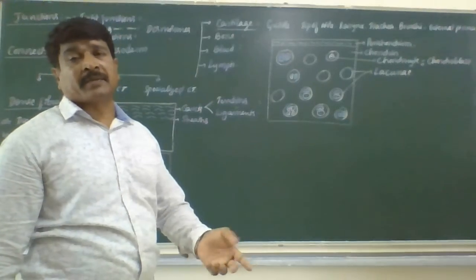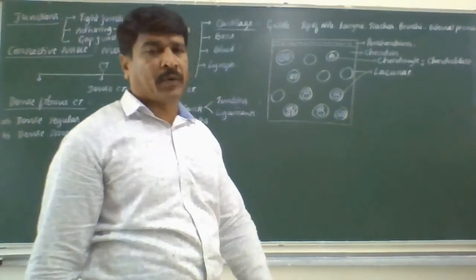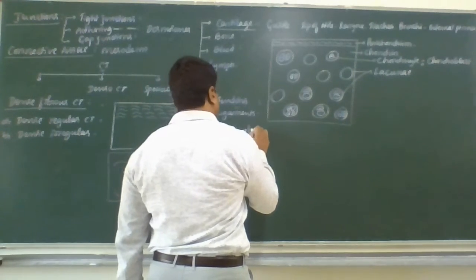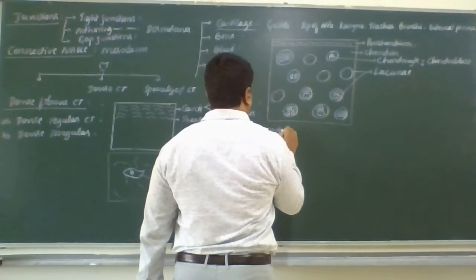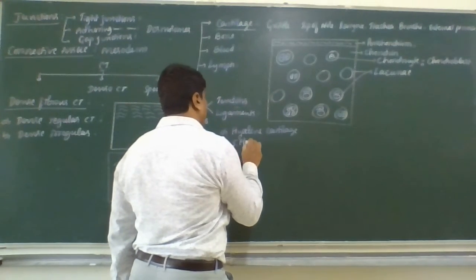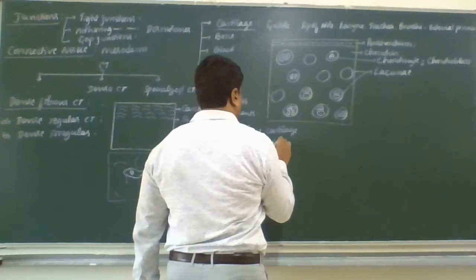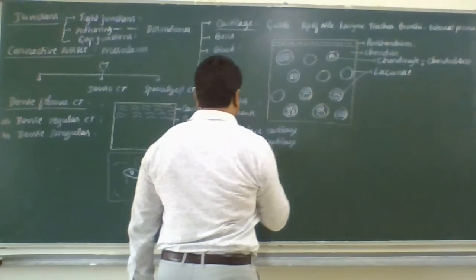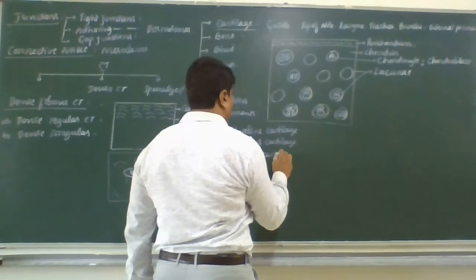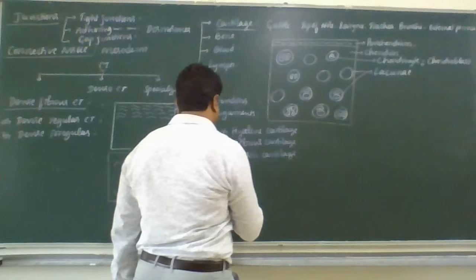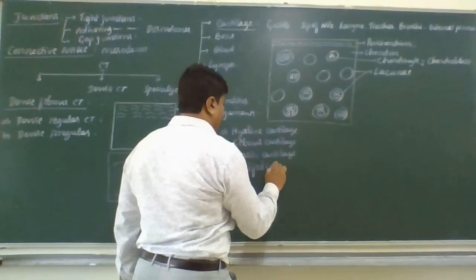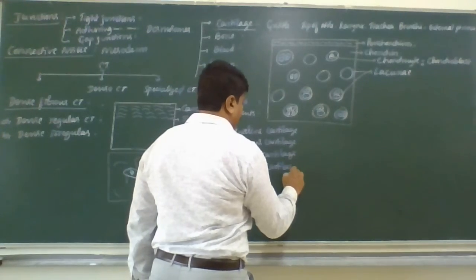Cartilage is of different types. These types are not in your syllabus; I am just going to mention them. One is hyaline cartilage, second is fibrous cartilage, then elastic cartilage and calcified cartilage.